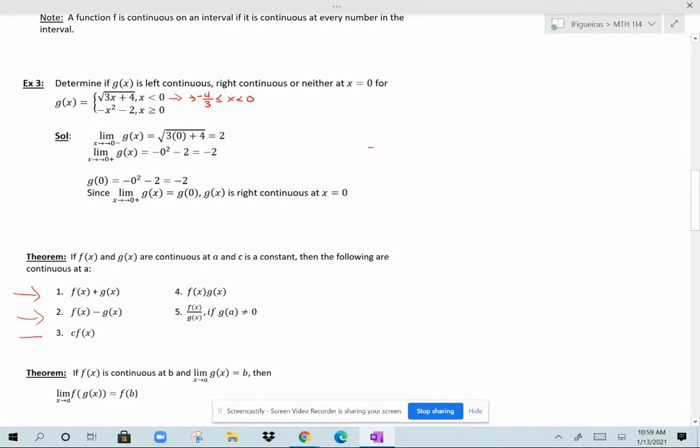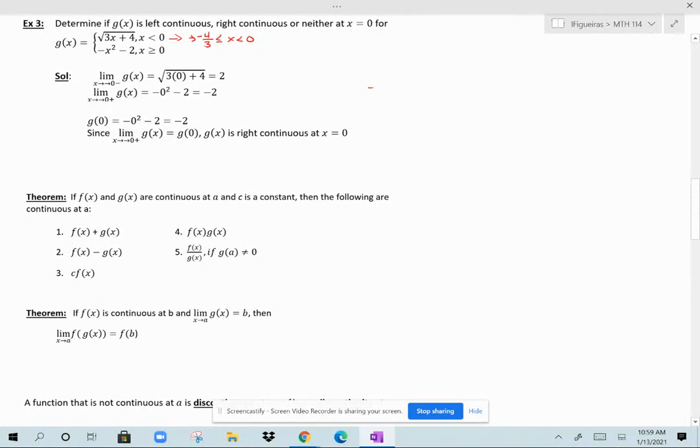If you're multiplying a continuous function by a constant c, that just becomes a coefficient of the function, so c times f of x is also continuous. The product of two continuous functions is still continuous, and the quotient of two continuous functions is still continuous as long as g of a is not equal to 0, because again, division by 0 is undefined.